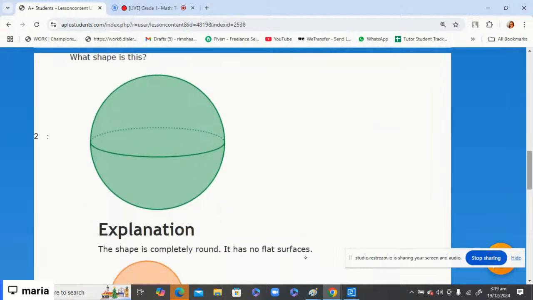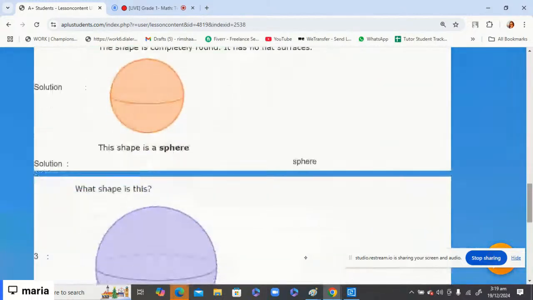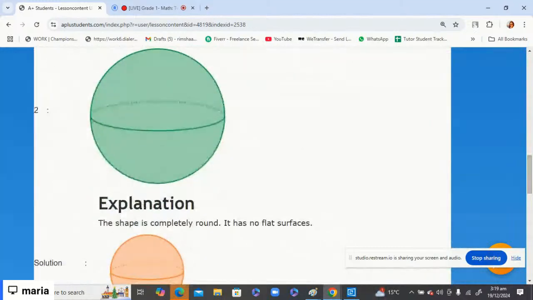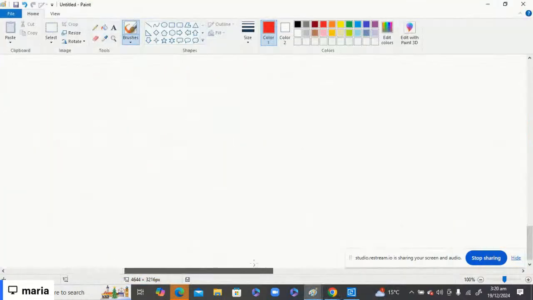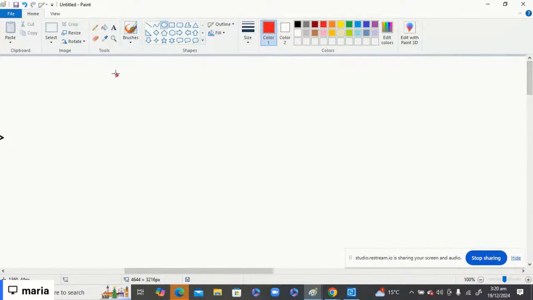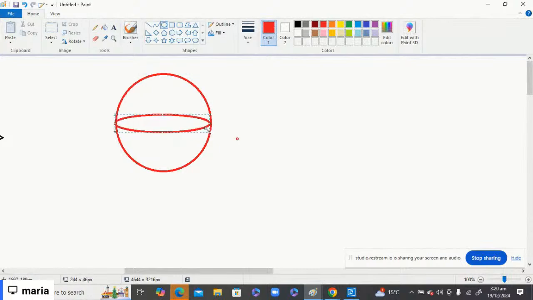Now, what is this shape called? Look at here. There is just a circle. When we see this, it's just a flat shape, so this is called the circle. But if the inside of this is like this way, then you can say that this is called the sphere.